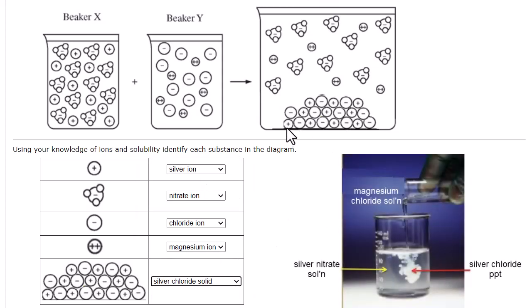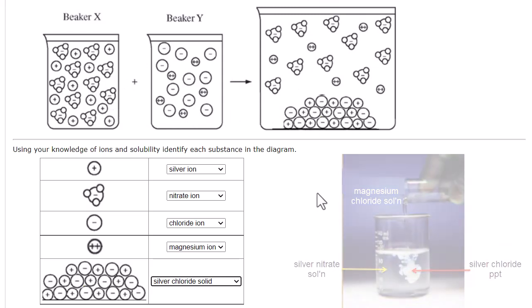AgCl, Ag +1, Cl -1 is a favorite precipitate of chemists. A white powder that if you put it in sunlight will break down into silver and chlorine, and you'll get some powdered silver if you leave it in the sun. Now I'm looking here. I see my nitrates are floating around. My magnesium +2 is floating around. And the silver chlorides have clumped together. Let's keep on going.